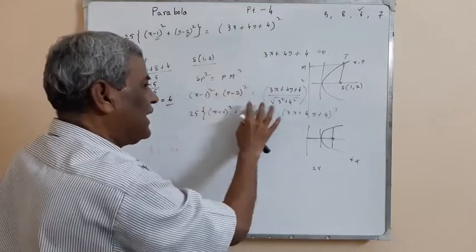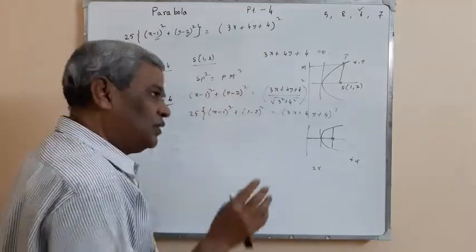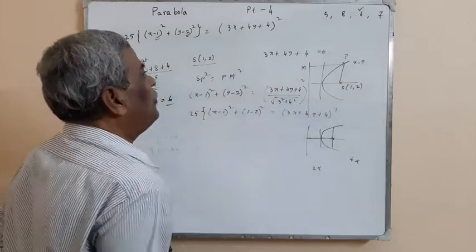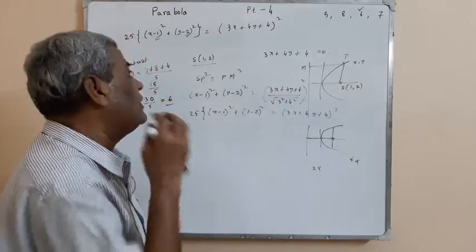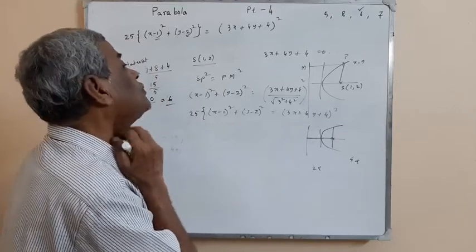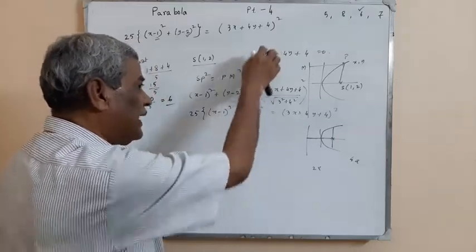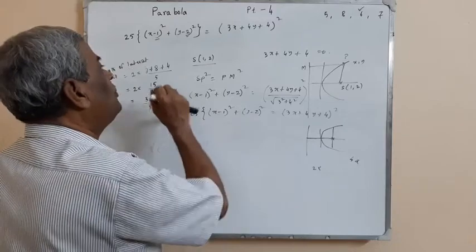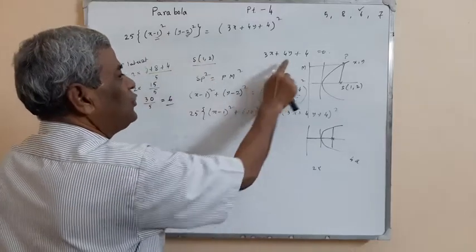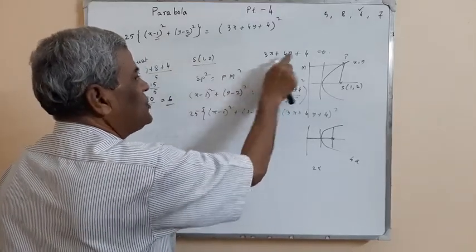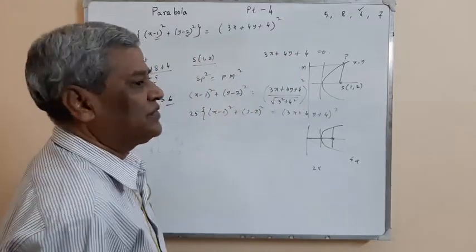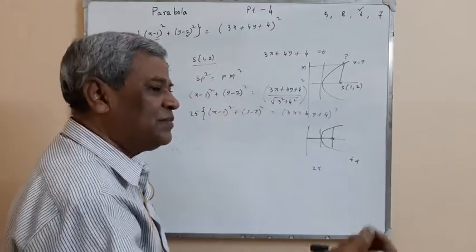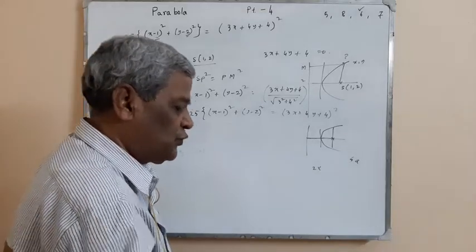This calculation I showed for verification, but in exam it is not at all necessary to show this type of calculation. Only find the focus, equation of directrix, the distance between them, and latus rectum is 2 times that. So it is a matter of a few seconds only.